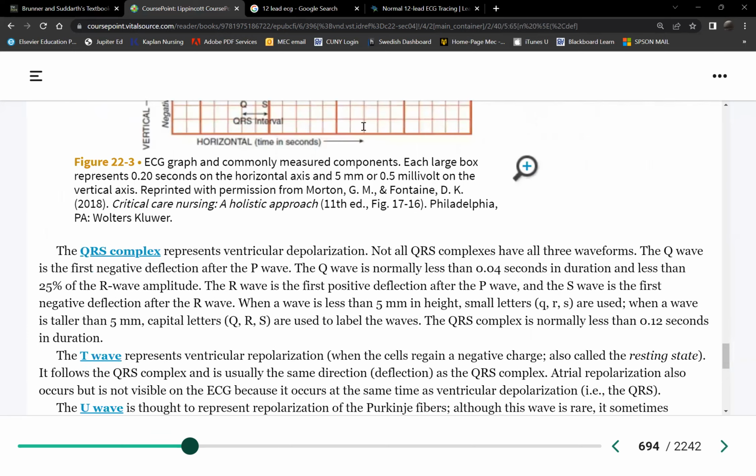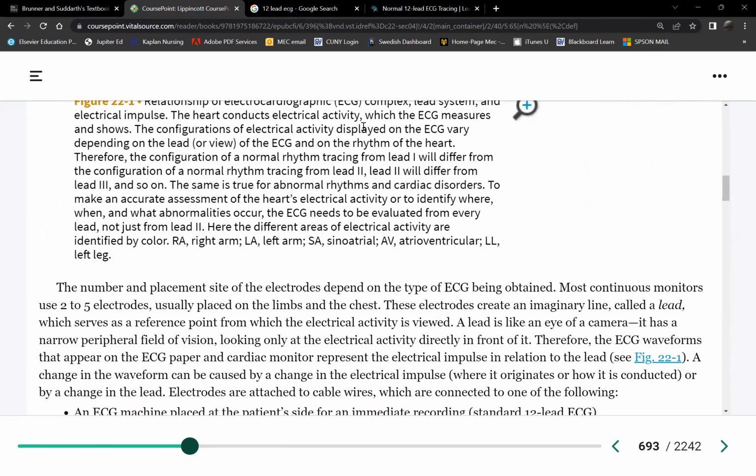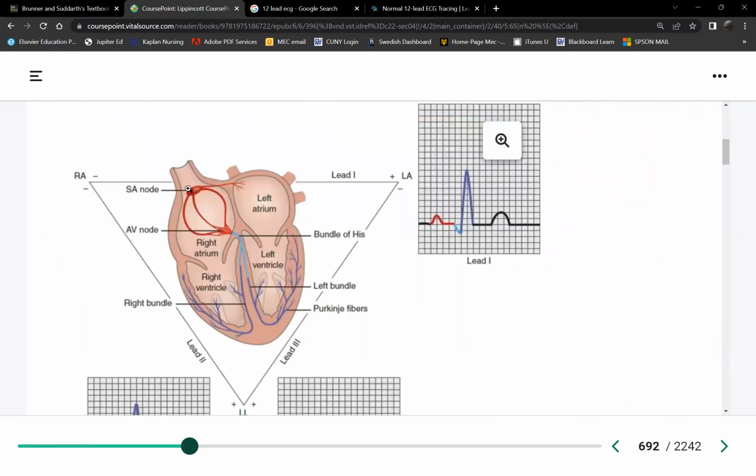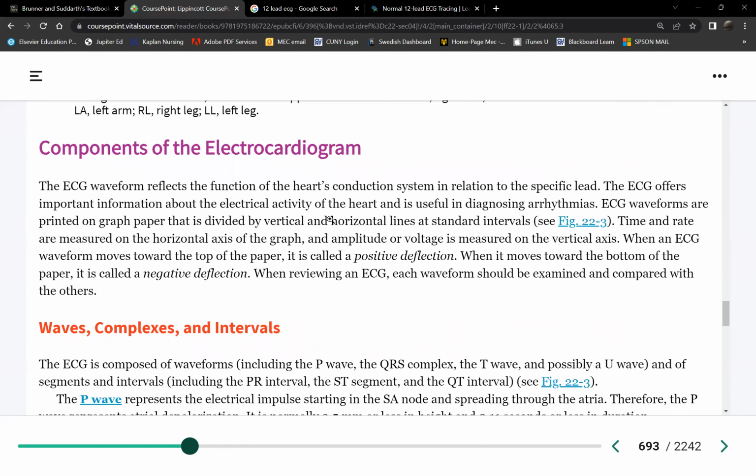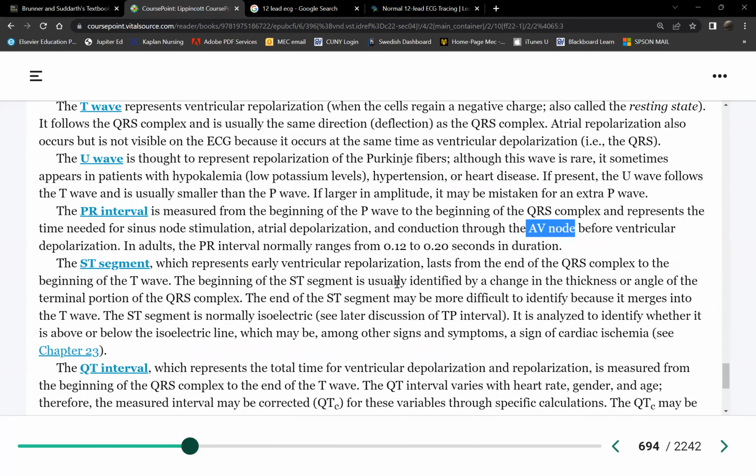So the PR interval includes the atrial contraction plus the time that the same impulse reached the AV node. All right. And what is the normal duration of the PR interval? It's between 3 to 5 small boxes.